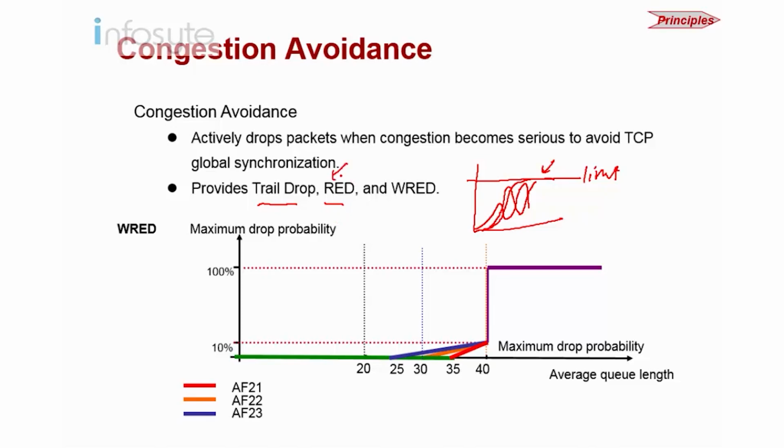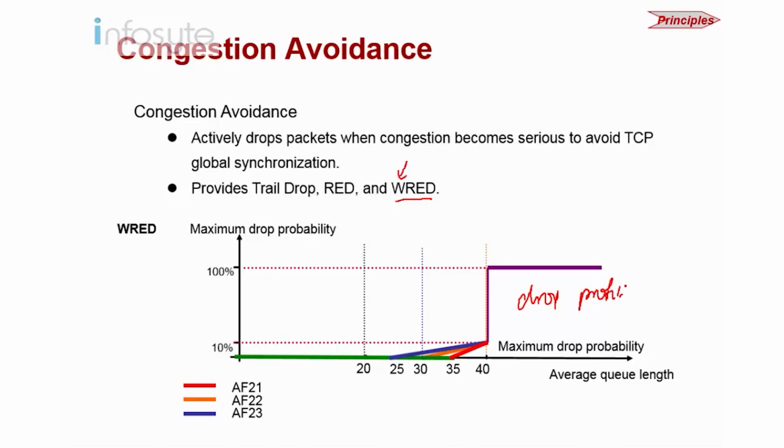But you notice that over here we are dropping randomly. So when you drop, you can basically drop a high priority packet. To improve that, we are going to consider the weight. So we have weighted random early detection. For us to do that, we need to create a drop profile. Under the drop profiles, based on the DSCP that we have, we have AF21, AF22 and AF23.